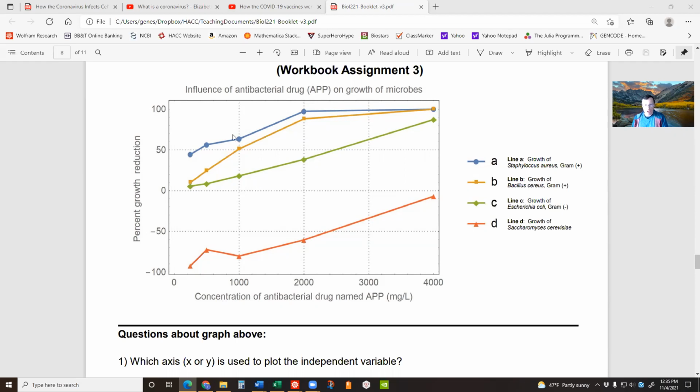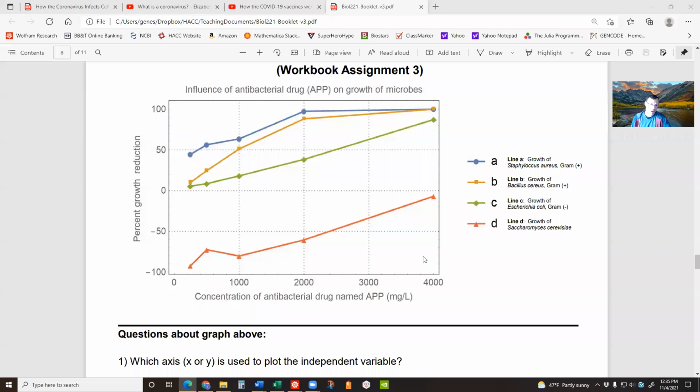The first question is, which axis is used to plot the independent variable? I'm just going to ask you to please contribute your response to question 1 in the chat window. Okay, and you can go ahead and take a look at your peers' answers, and it seems like there's quite a bit of consensus here, right? I don't think there's any arguments with any other answers.